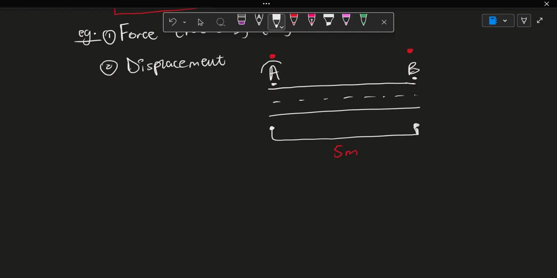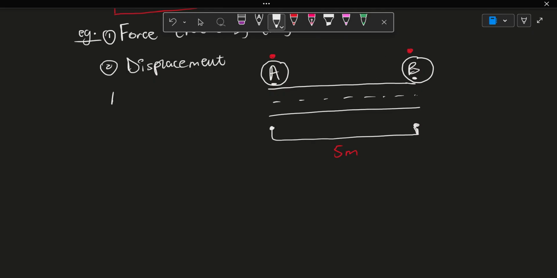I started at point A and I ended at point B. So what would be my displacement? My displacement would be the difference of the positions, meaning the difference of position B and position A. So you measure it from the start to the final position. So from A to B would be my displacement.